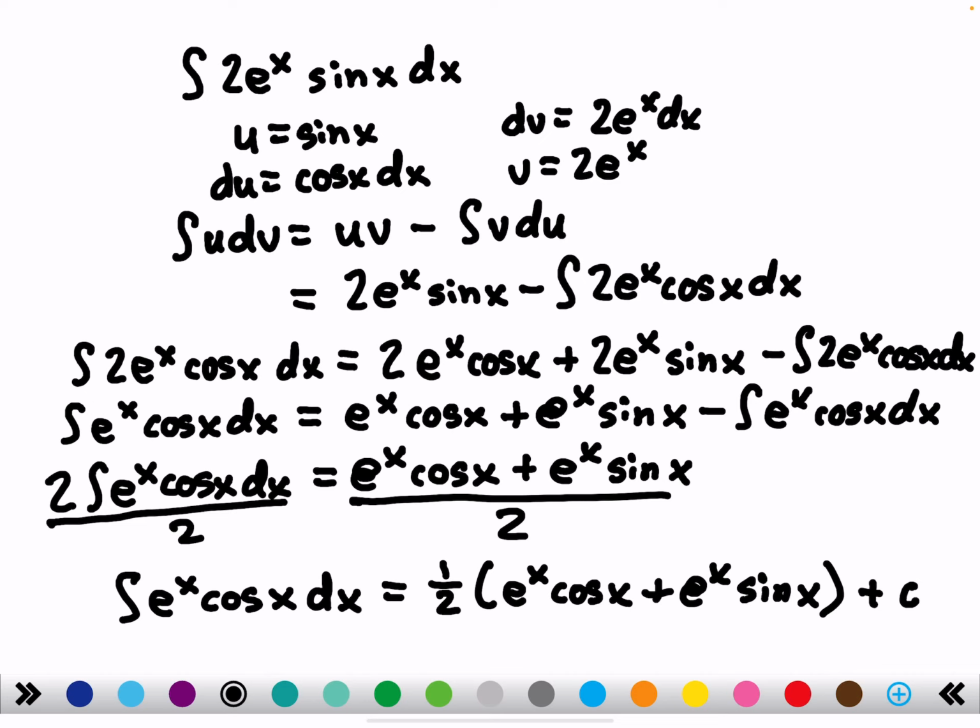And we're just about to finish this up. But this is the integral part of the right side of solving this differential equation.